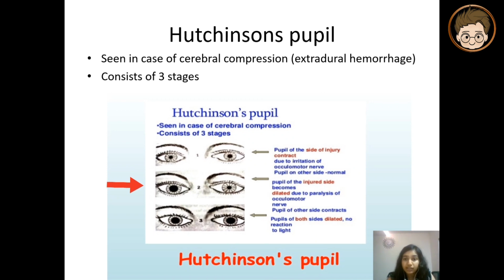This is because of the extradural hemorrhage compressing the oculomotor nerve. The pupil of the other side contracts due to the irritation of that particular nerve. Lastly, the pupils of both sides will become dilated and there is no reaction to light because of bilateral paralysis of the oculomotor nerve.